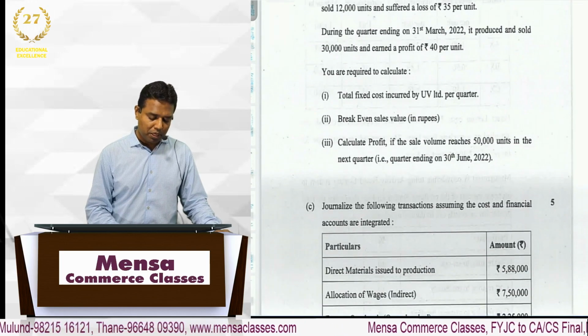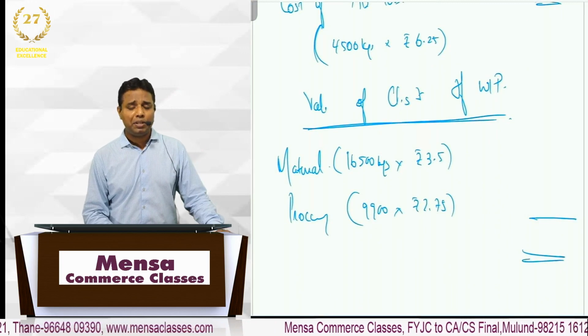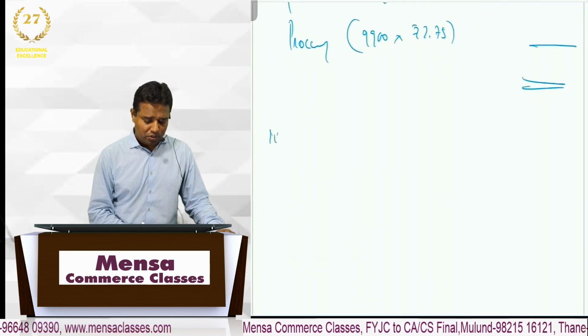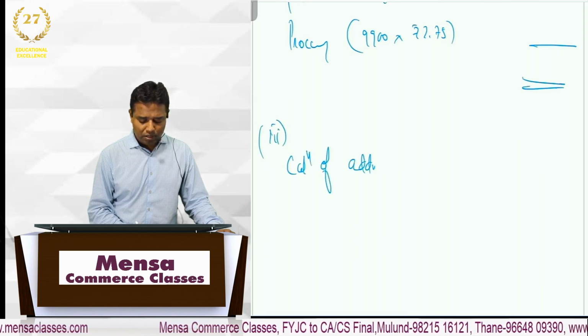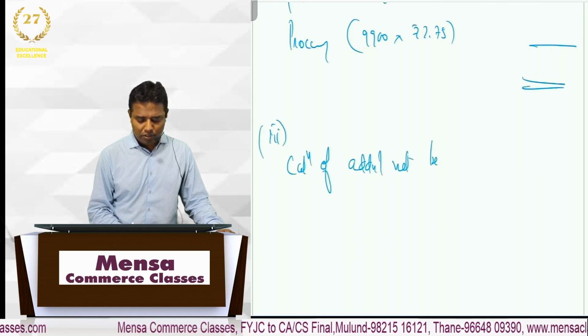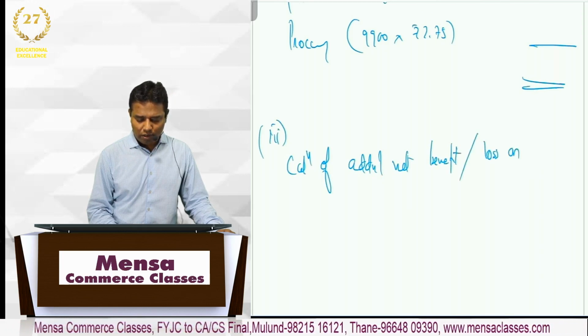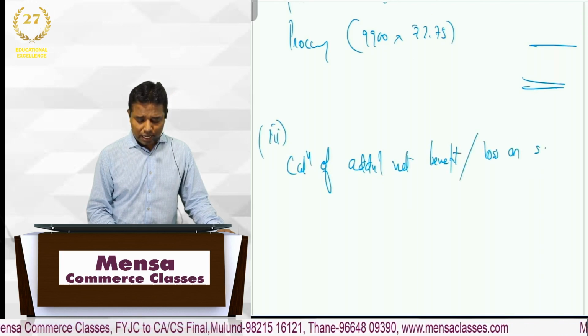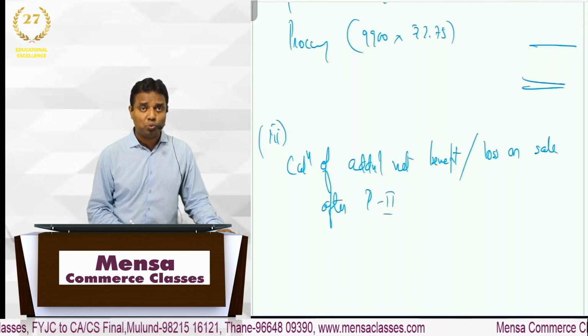So one of the easiest ways to find out the additional benefit or loss is calculation of additional net benefit or loss on sale after process 2.